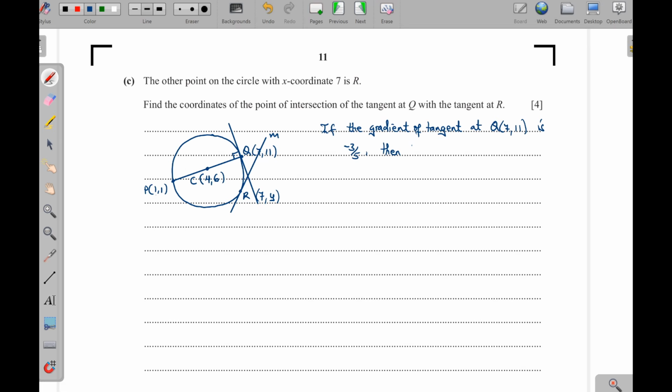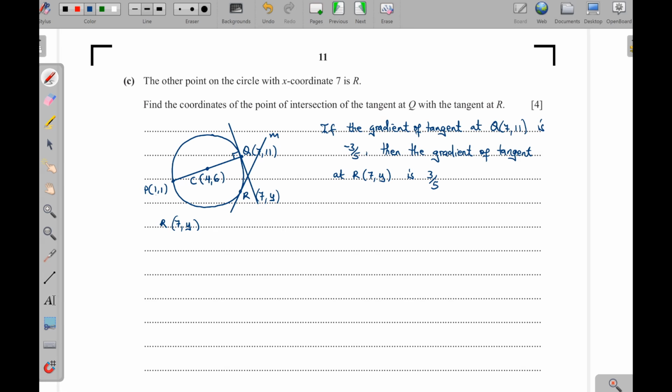Then the gradient of the tangent at R, which is (7, y), okay, is 3 over 5. Now we need to find the y coordinate of R, okay? How do we get the y coordinate of R? Since R lies on the circle, then its coordinates must satisfy the equation of the circle, okay? So we have (7, y), which is our R.